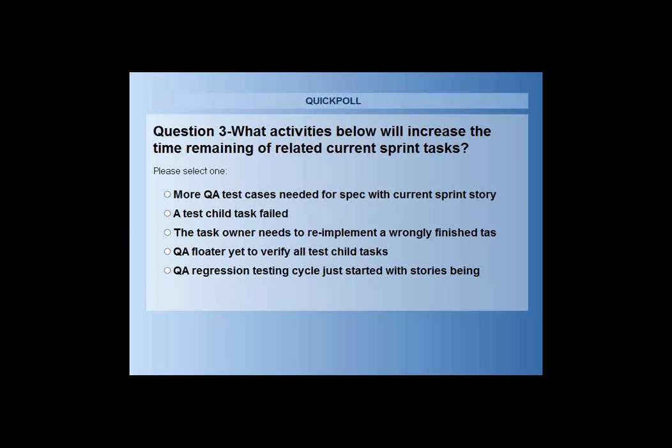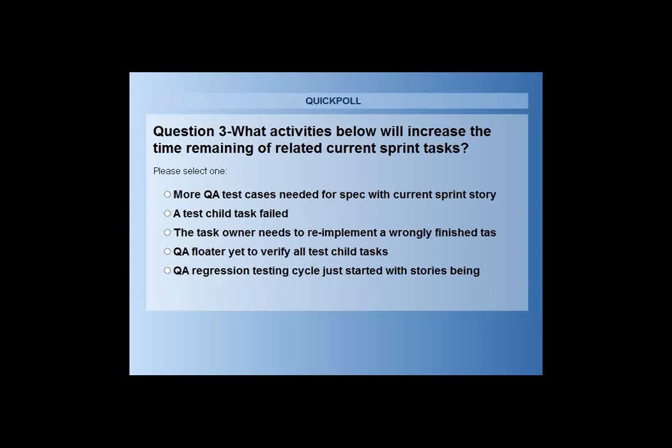The task owner needs to re-implement a wrongly finished task. QA floater yet to verify all test child tasks. QA regression testing cycle just started with the story being tested, meaning the regression testing cycle started.